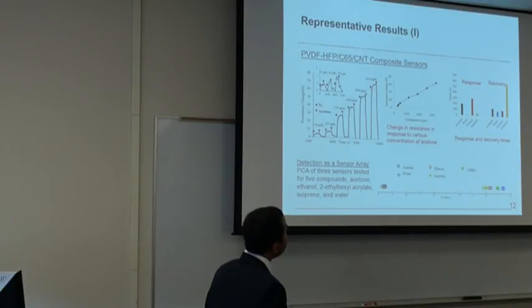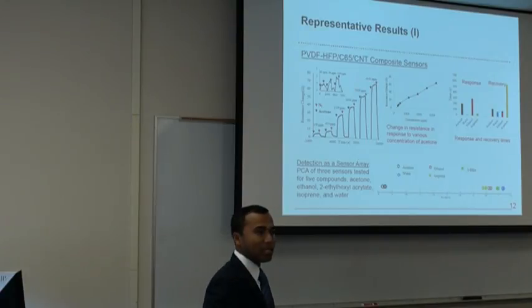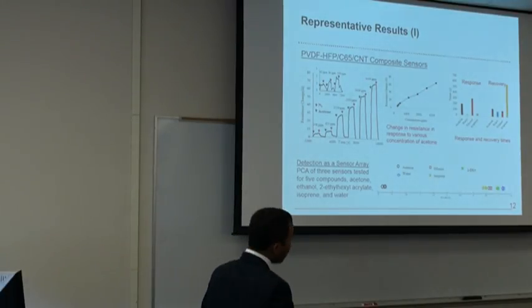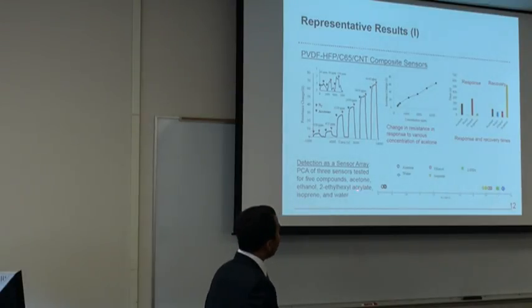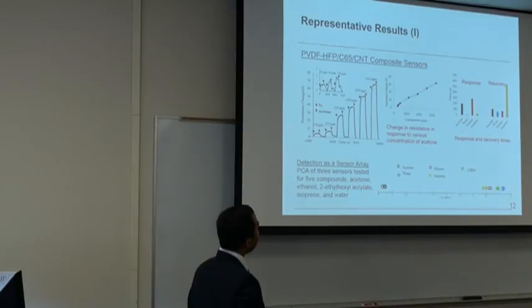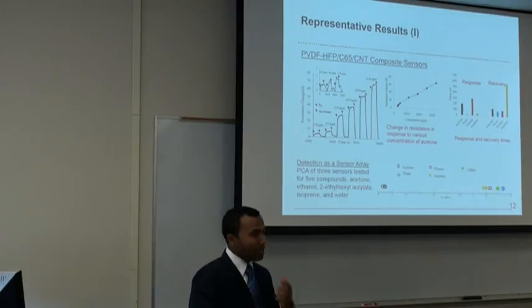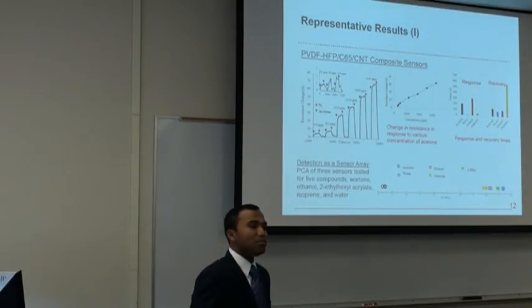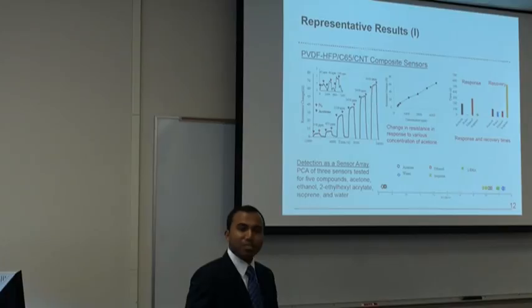We also looked at response and recovery times, because that's also important. You want a sensor that responds quickly, and recovery time is how fast it goes back to the original state so you can use it again. We had three different variations of this sensor. If you just look at the results of one sensor, you cannot distinguish between the compounds.